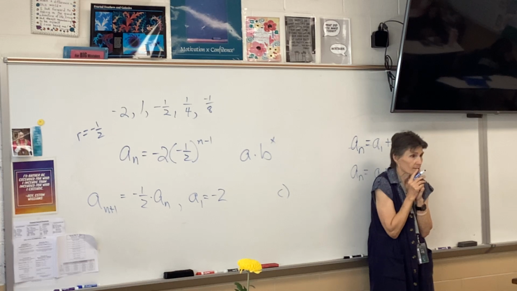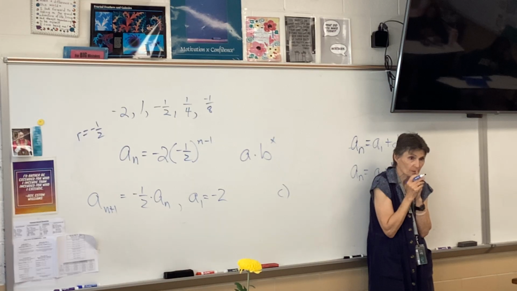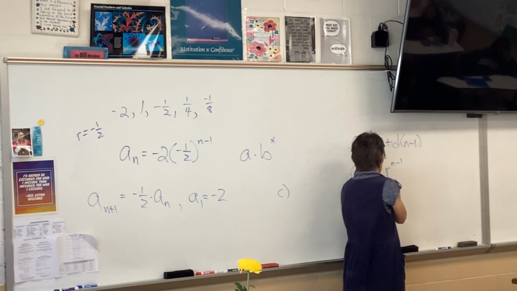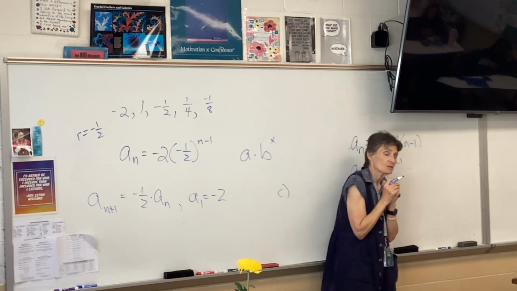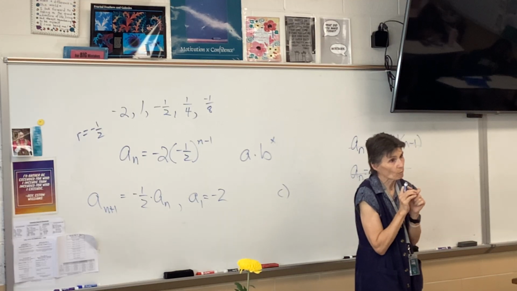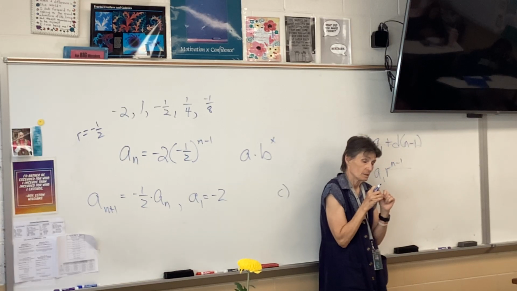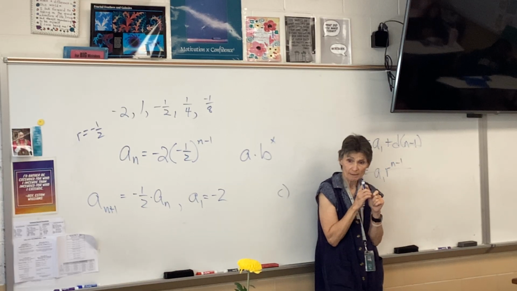Is it geometric? Am I multiplying by the same thing? Nope. No, it's not Fibonacci either. So now I'm on my own to write a formula. This is hard. Okay, this is tricky.